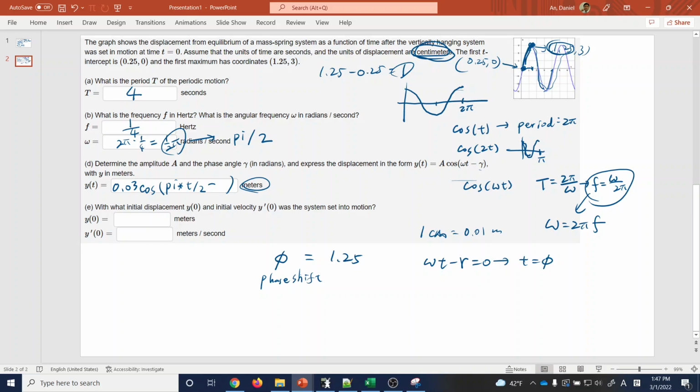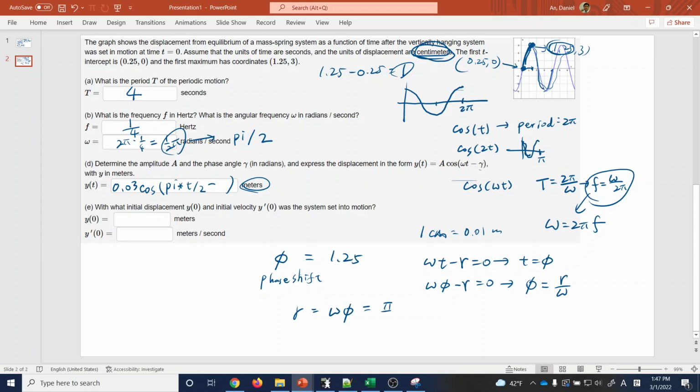So if you knew this, then you would know that omega times phi minus gamma is equal to 0, so phi is equal to gamma over omega. Or if you use alpha for the phase angle, it would be alpha over omega. That's a nice formula to know. And therefore, since phi is 1.25, your gamma better be omega times phi, right?